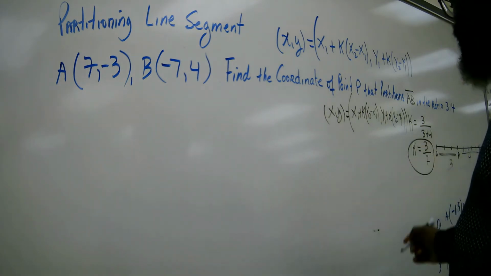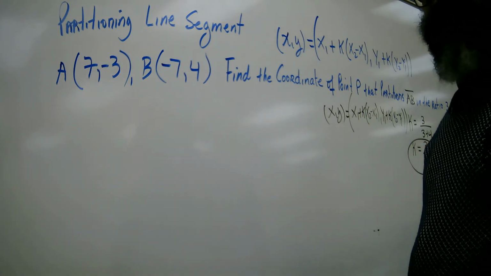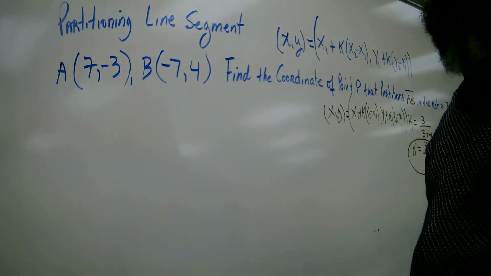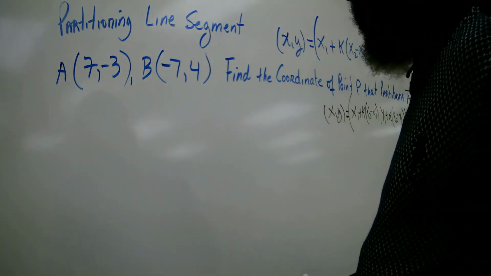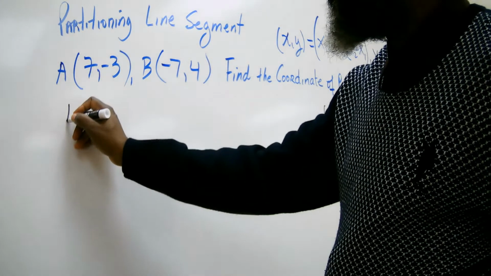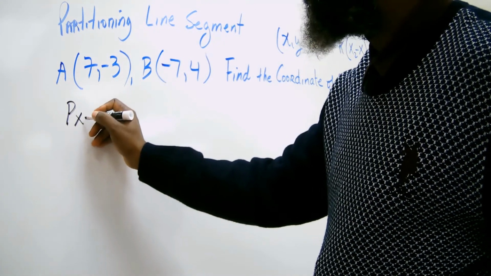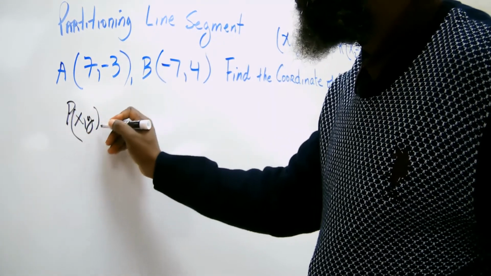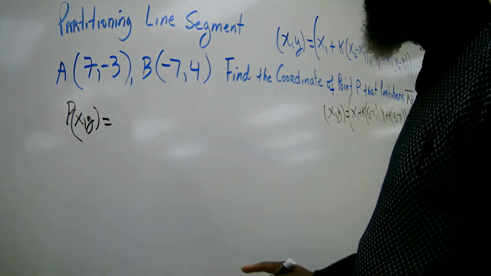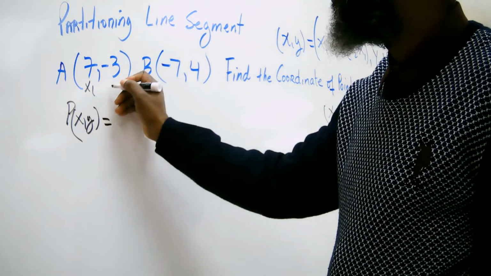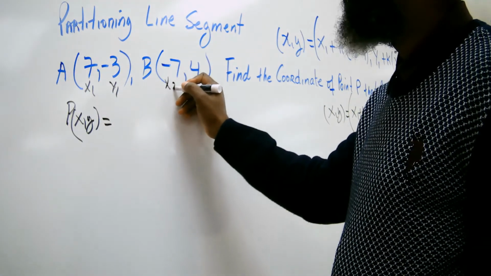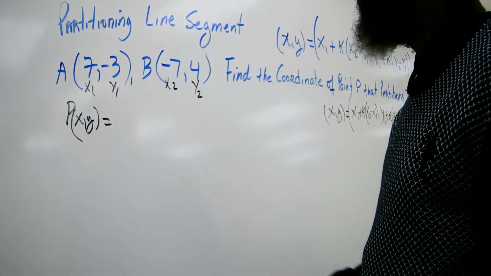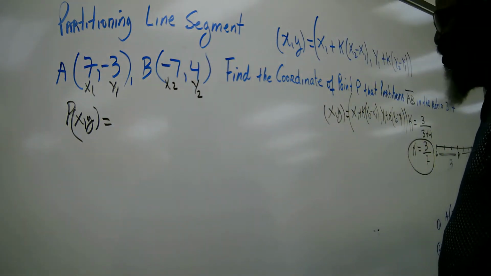The only thing we're going to do is replace those values and come up with our xy. In this case, to find P, xy is equal to x1, this is x1, this is y1, x2, y2. I prefer to label so that it will be a good guideline.